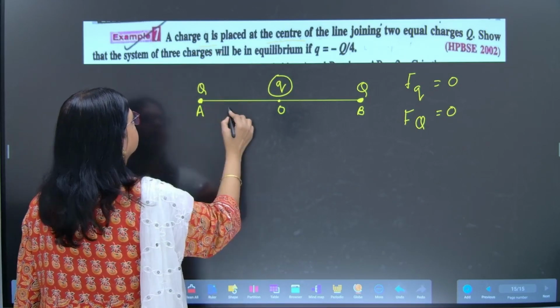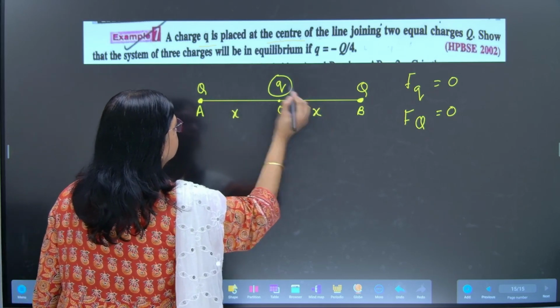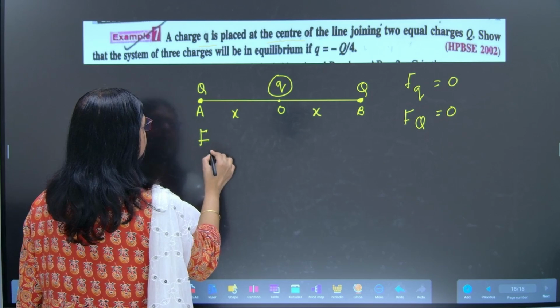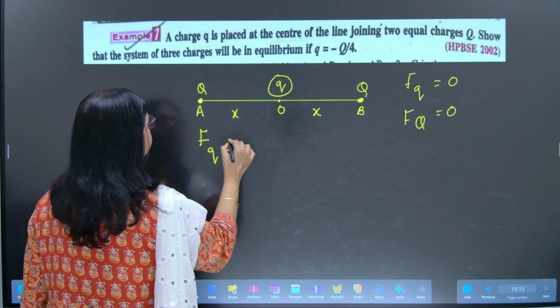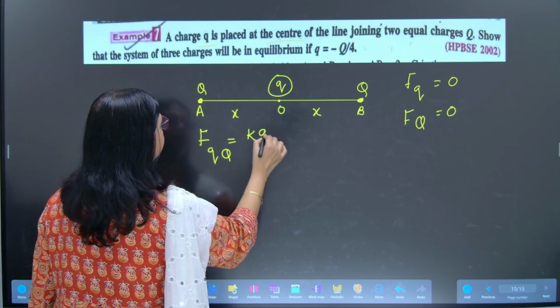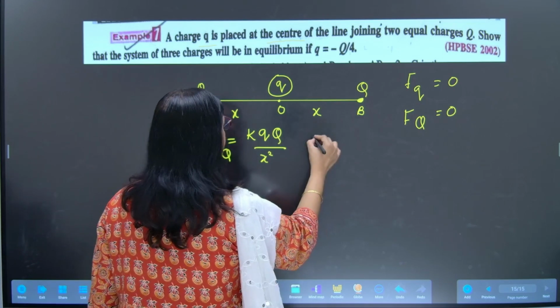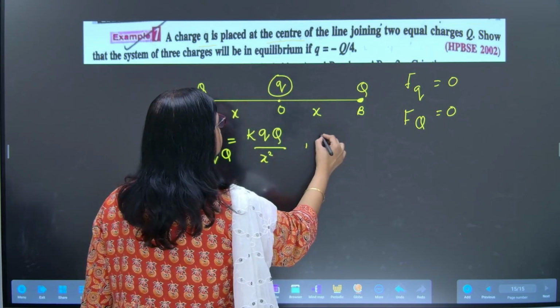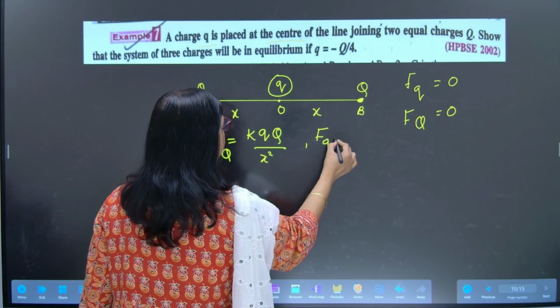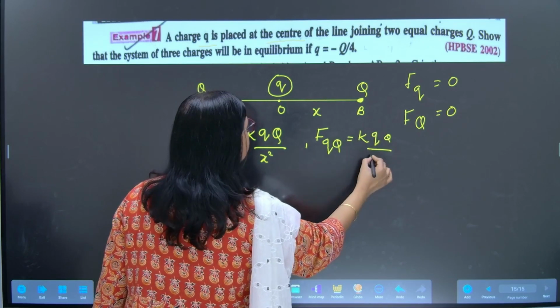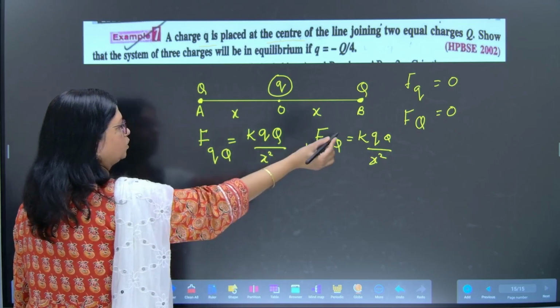Let us consider this as X, this as X. First let us find F_Qq, which is equal to KQq upon X squared. Similarly, from the other side, F_Qq is equal to KQq upon X squared. As you can see, both the magnitudes are same.